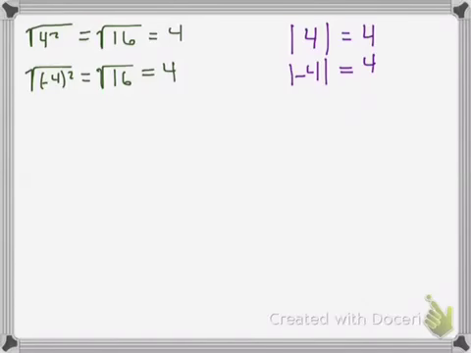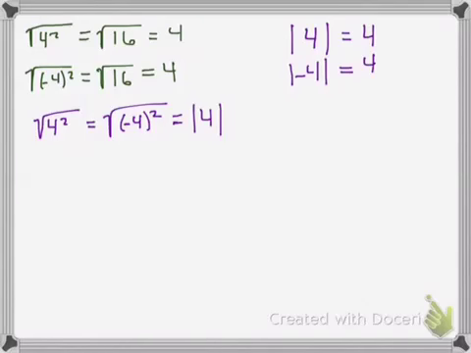Both 4 and negative 4 are exactly 4 spaces away from 0 on a real number line. Okay, well, then I could also say that the square root of 4 squared is the same as the square root of negative 4 squared. In each case, both are equal to the absolute value of 4.